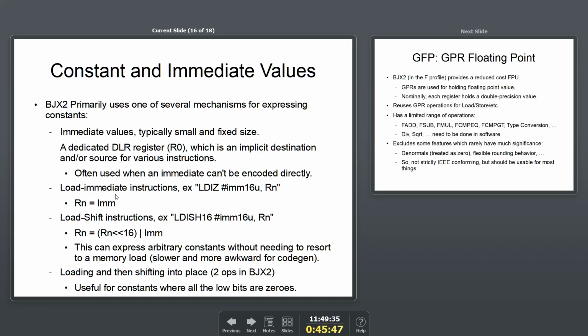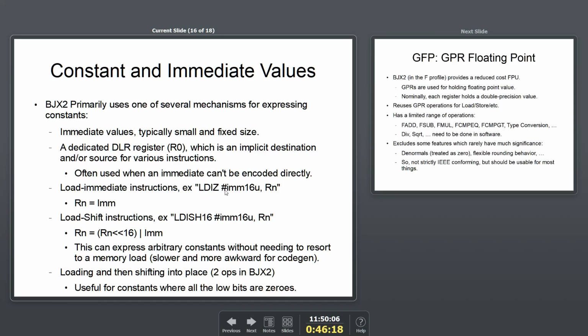Load immediate instructions. These would be LDIZ or LDIN, and for example, they could load a 16-bit zero extended value into a register, and the destination register is assigned the immediate's value.